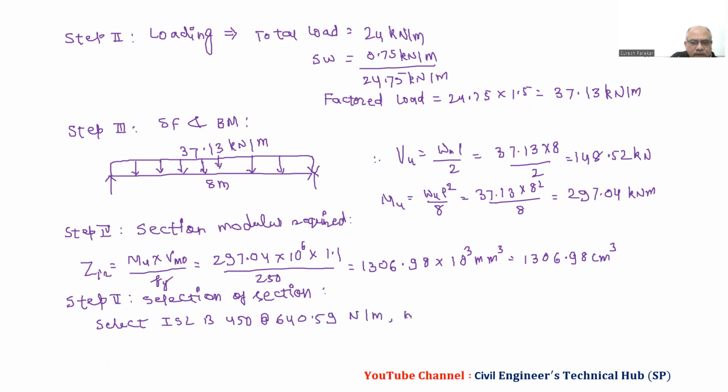We have value of BF 170, TF 13.4 millimeter, TW 8.6 millimeters. Now we have step 6, shear capacity.